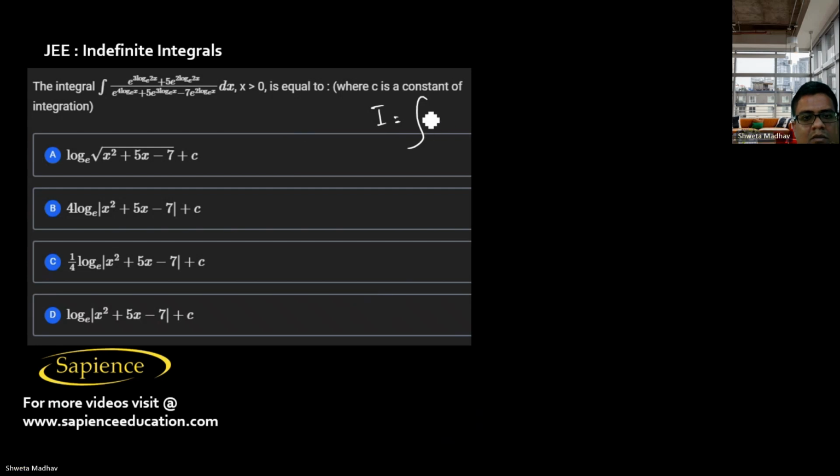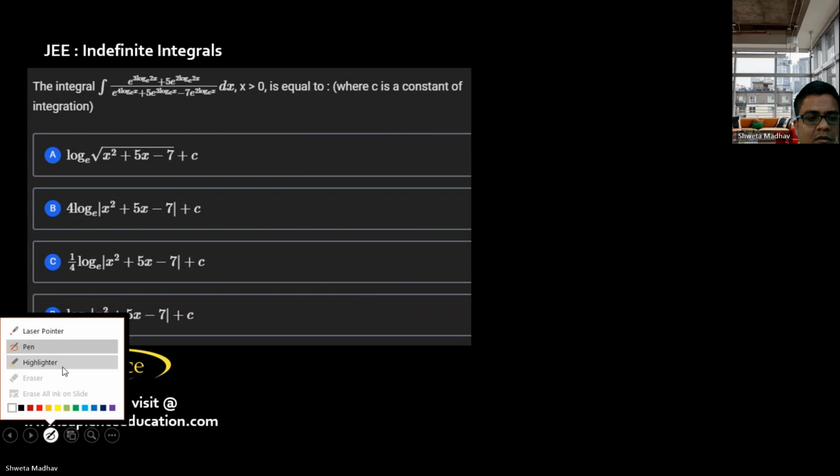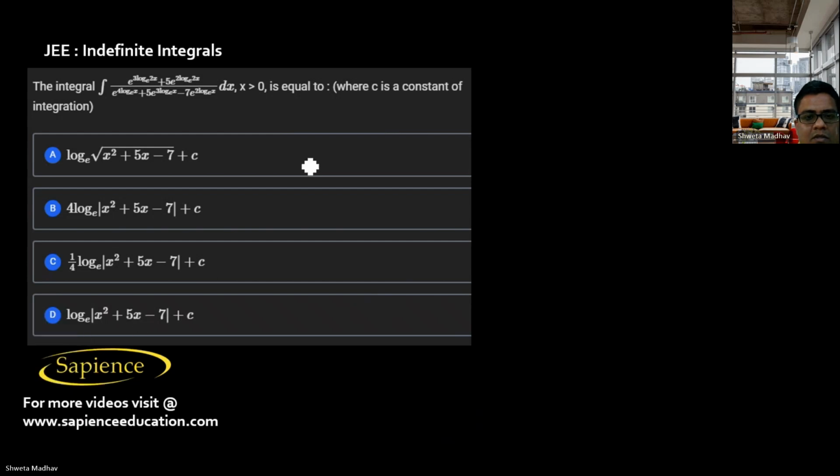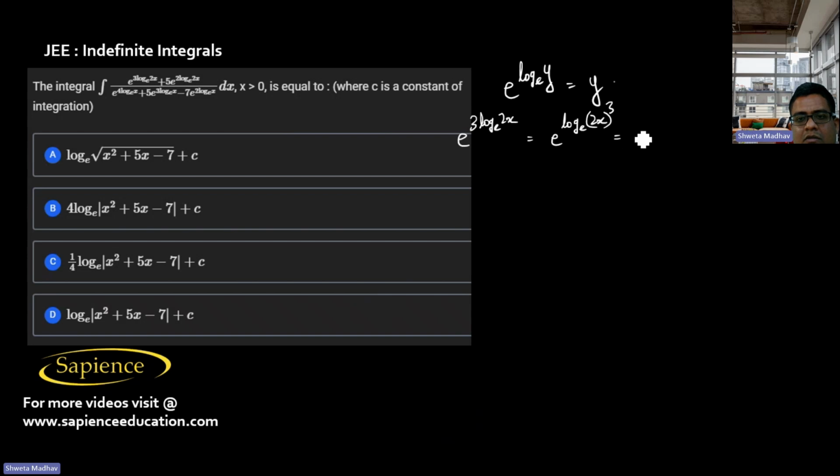We can say that e power log base e y is obviously equal to y. So e power 3 log base e 2x is e power log base e 2x, power 3, that is equal to (2x) power 3, which is 8x cube.